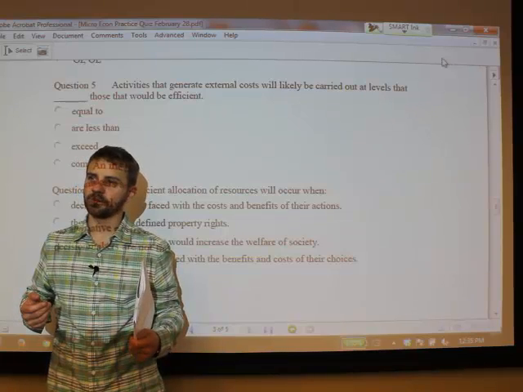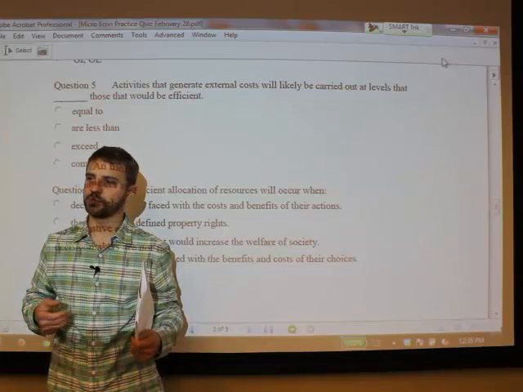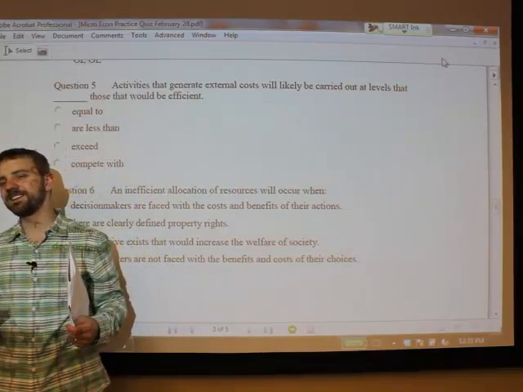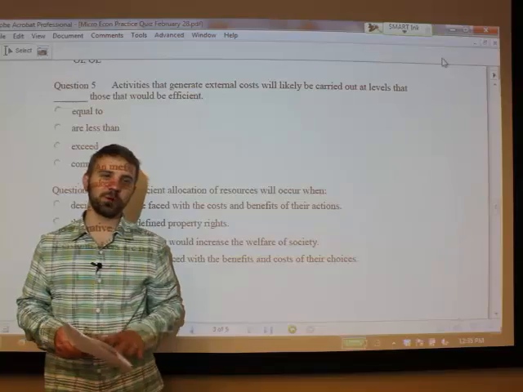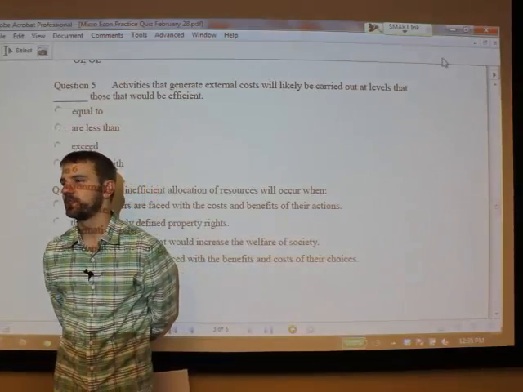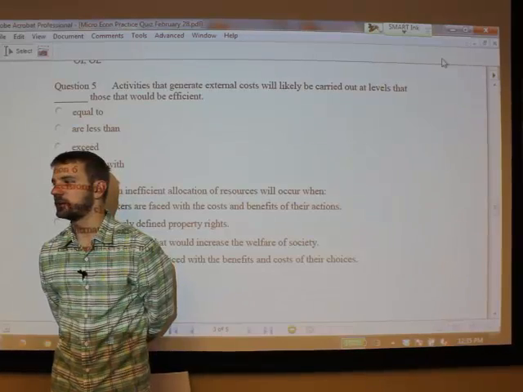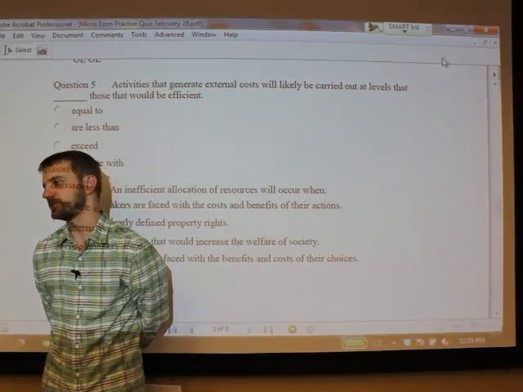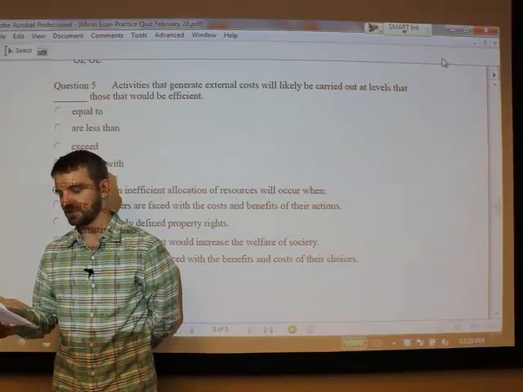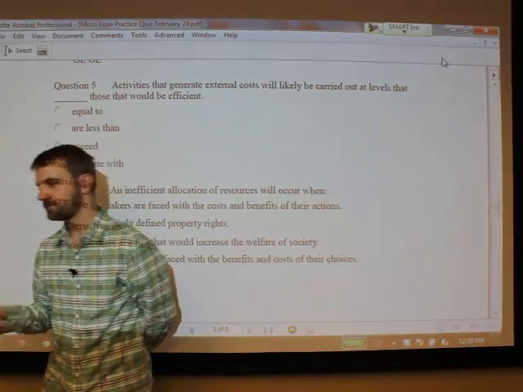So do you think then from a social perspective, people drive too much or too little? You know, what we're thinking about here is a society that doesn't tax pollution and so on. And so in that case, there will be too much. And so the answer is C, exceed.